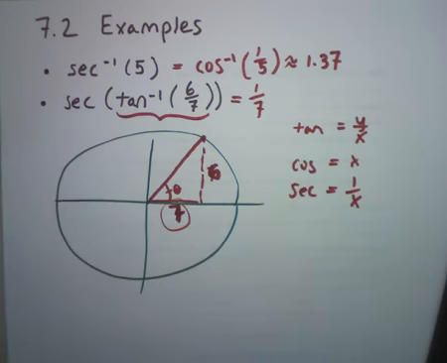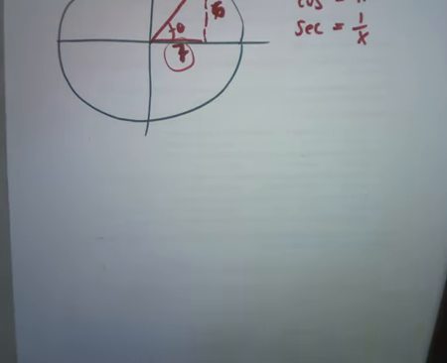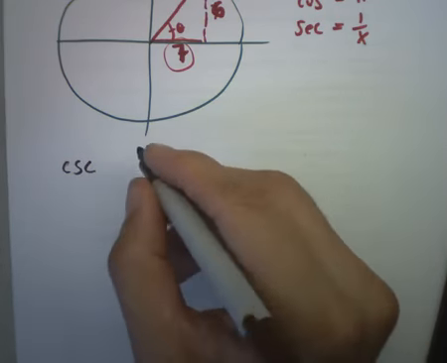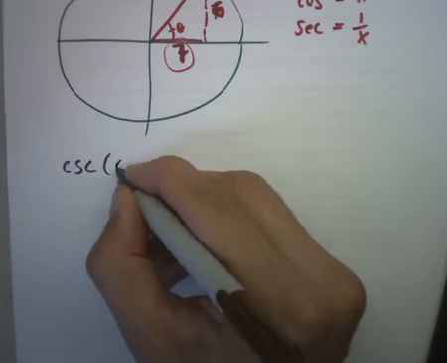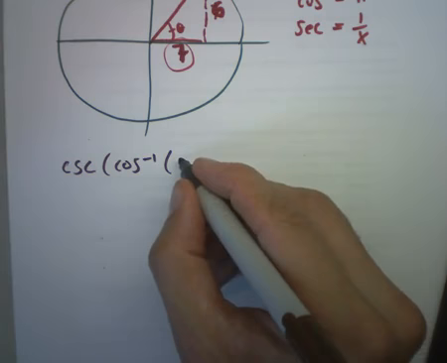Okay, so let's do one more example. Let's look at cosecant of inverse cosine of u.